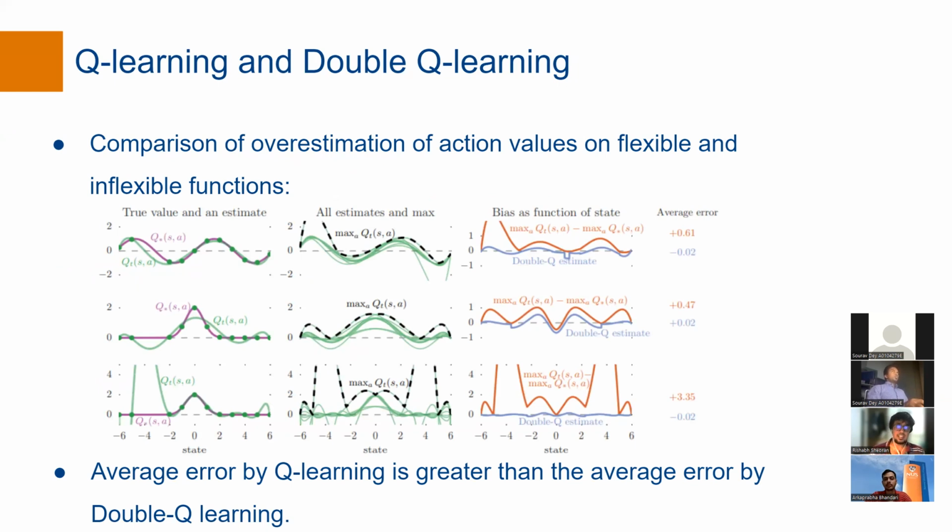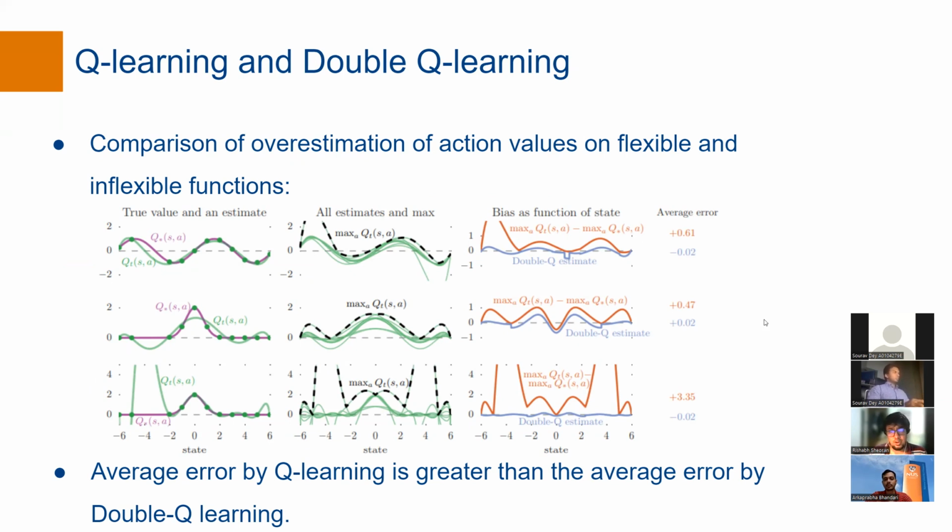So next we compare the overestimation of action values on different flexible and inflexible functions by Q learning and double Q learning. So the leftmost column shows the true values of the function in purple, and the estimated values of actions in each state by the green line. In the middle column, you can see that there is a dashed black line, which is the maximum estimated value.